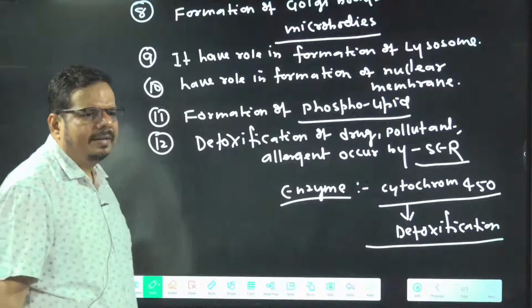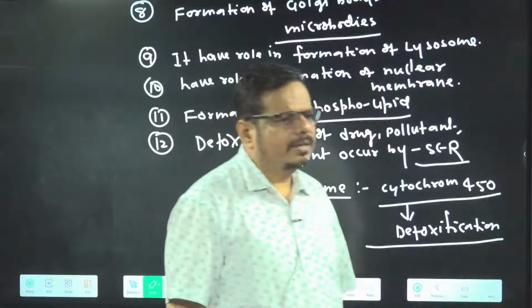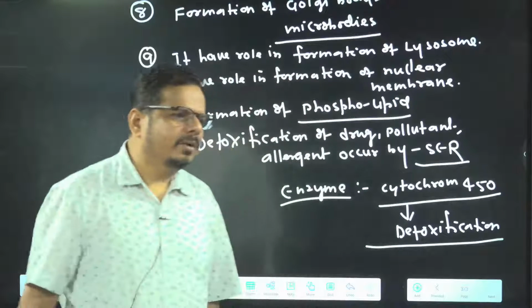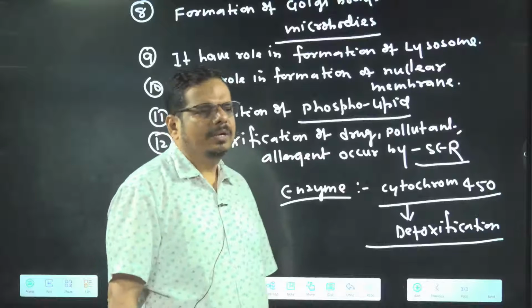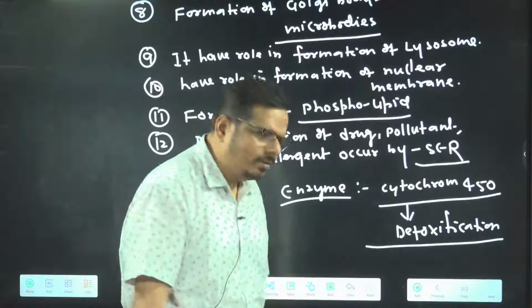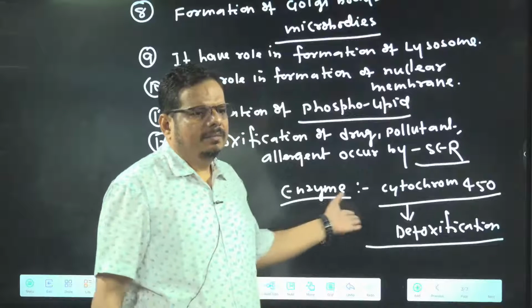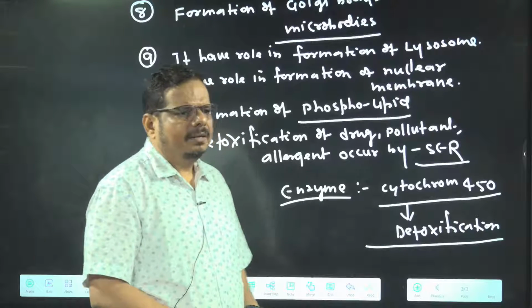So are you getting the idea? So these are the functions of the endoplasmic reticulum. Endoplasmic reticulum has a role in formation of Golgi body, lysosome, nuclear membrane, and which one? Microbodies. Is it clear in the mind?